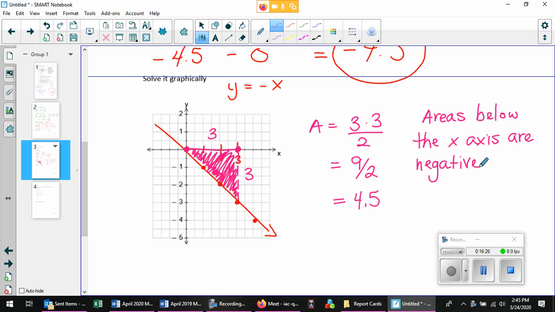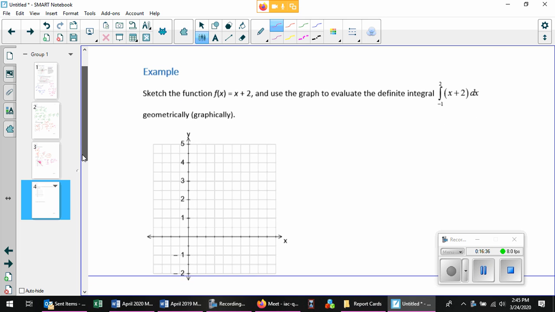Okay, so we're going to look at this one, sketch the function, and then evaluate the area. For this last one, I'm going to sketch this function here. I cross at 2, my slope is 1, so up 1, I assume these are 1s.